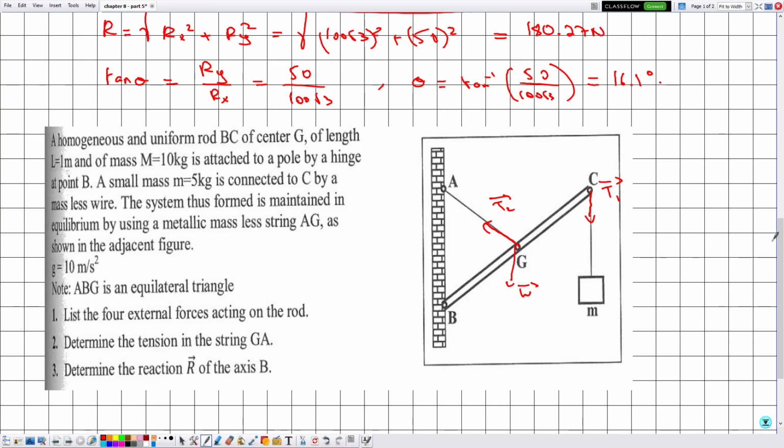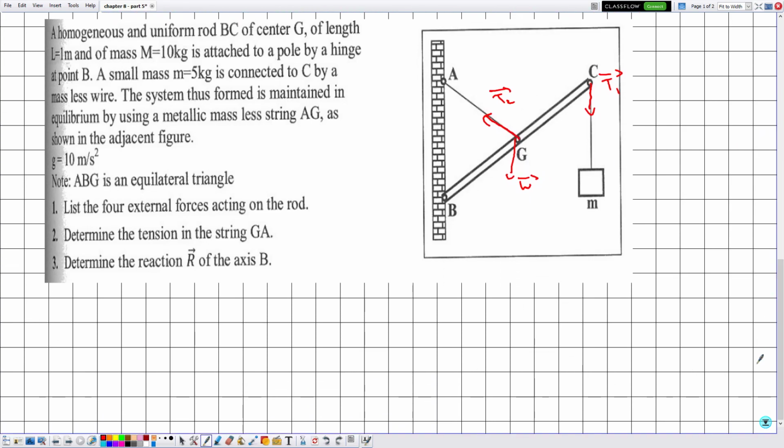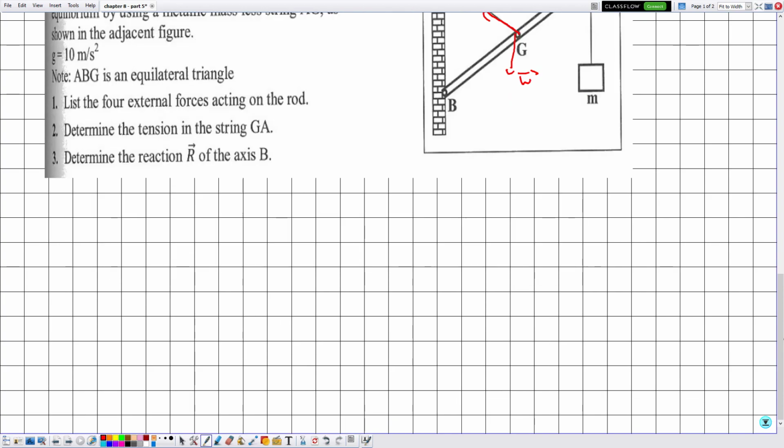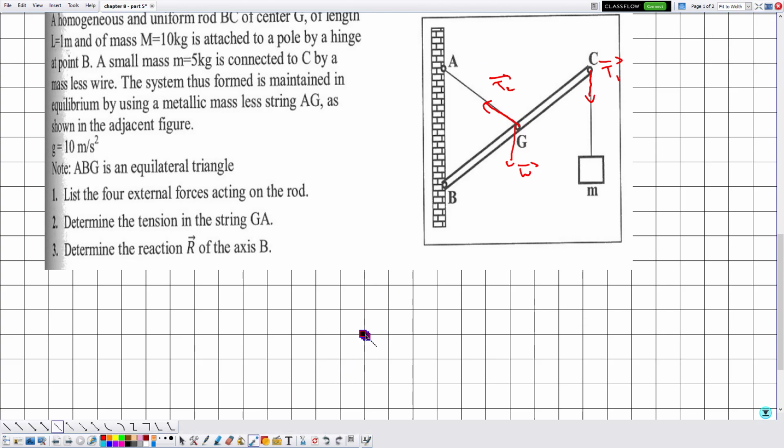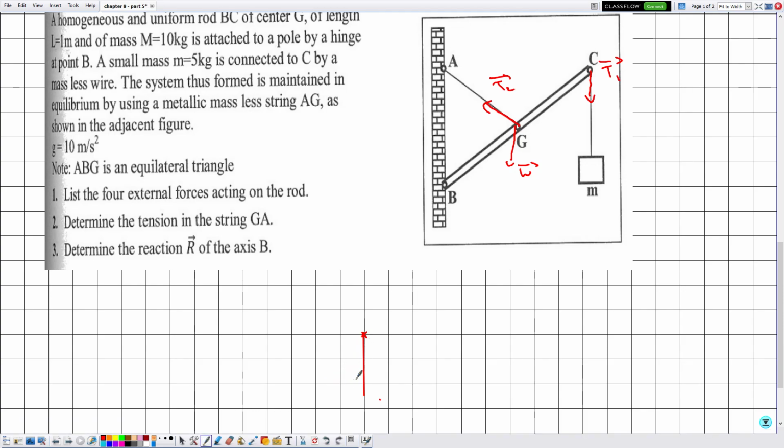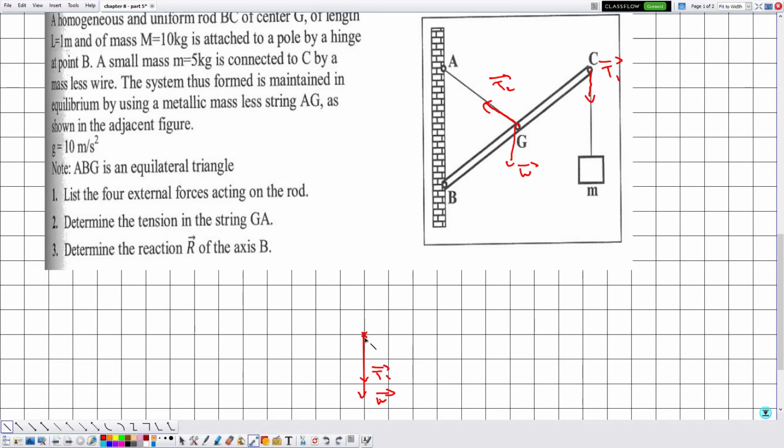Now if you join all the vectors at one point, suppose they are all acting on one point, then the weight will be downward like this. The tension also will be downward. So suppose that this is the weight, this is the tension, and the tension T2 is something like this.